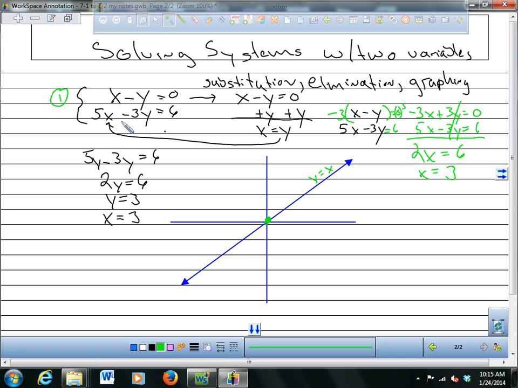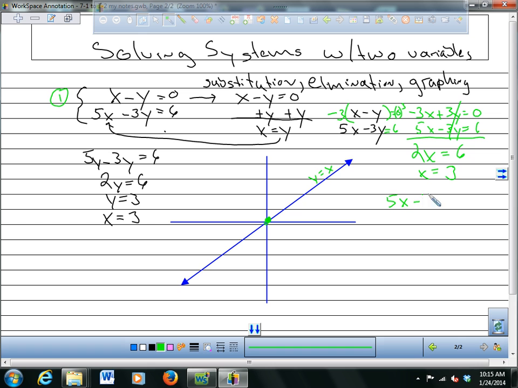And then this other one, you could either do the cover-up method where you plug in 0 for x, 0 for y, and see what you get out, or you can put this one into slope-intercept form.